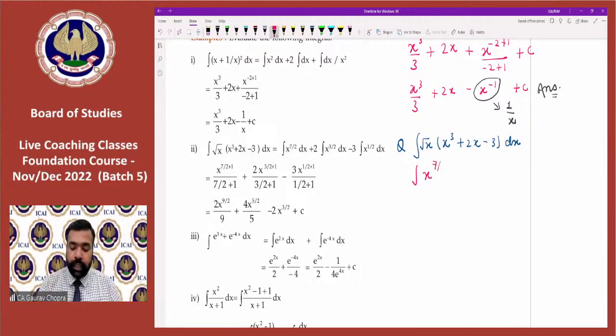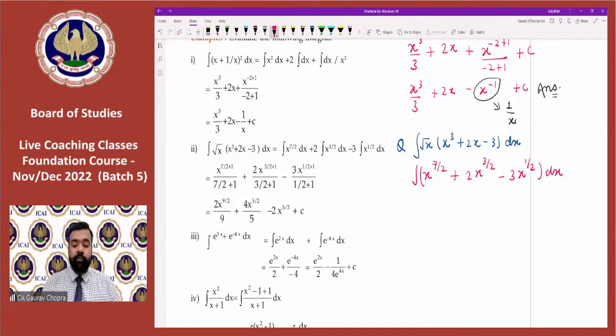It can also be written as power 7 upon 2. Plus 2, then x and root x. x is power 1. Root x is power half. Adding them will give 1.5. So x to the power of 3/2 minus 3 root x. It can be written as 3 power half.